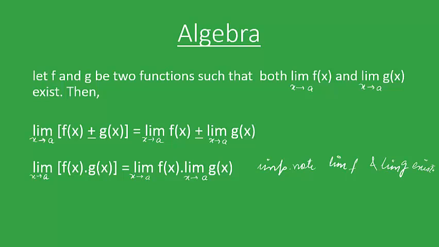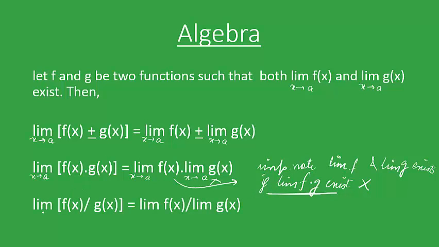It's generally a misconception that if the limit of f dot g as x tends to a exists, then this particular property will hold. But this is absolutely wrong.